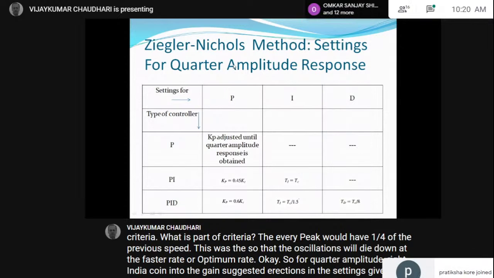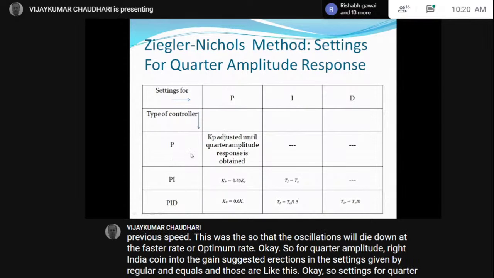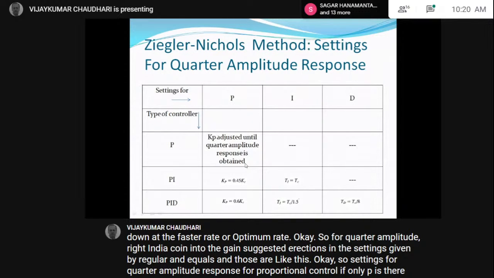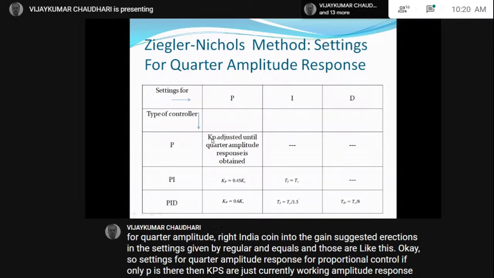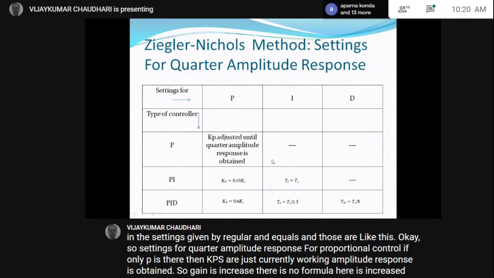Settings for quarter amplitude response. For proportional control, if only P is there, then Kp is adjusted until quarter amplitude response is obtained. So gain is increased, there is no formula, until that response is obtained.